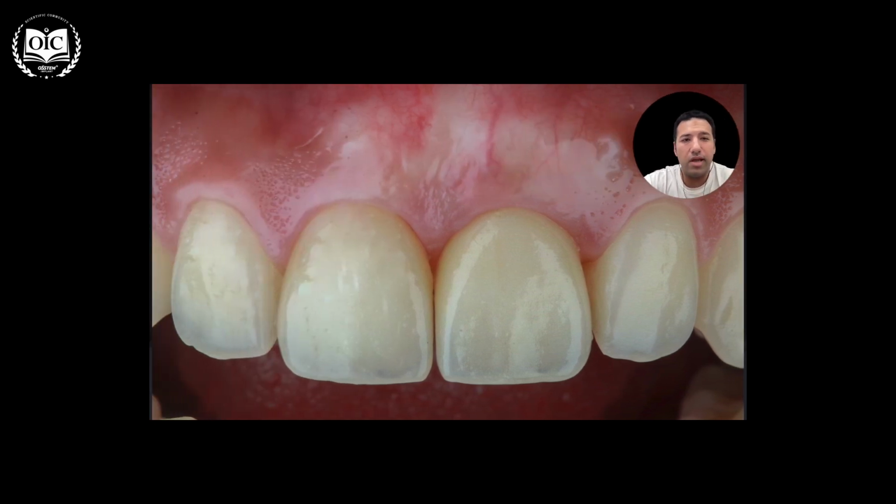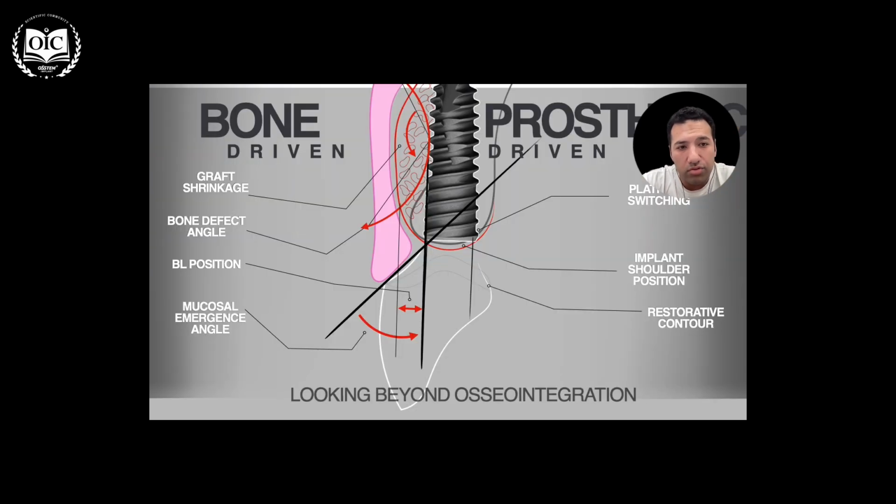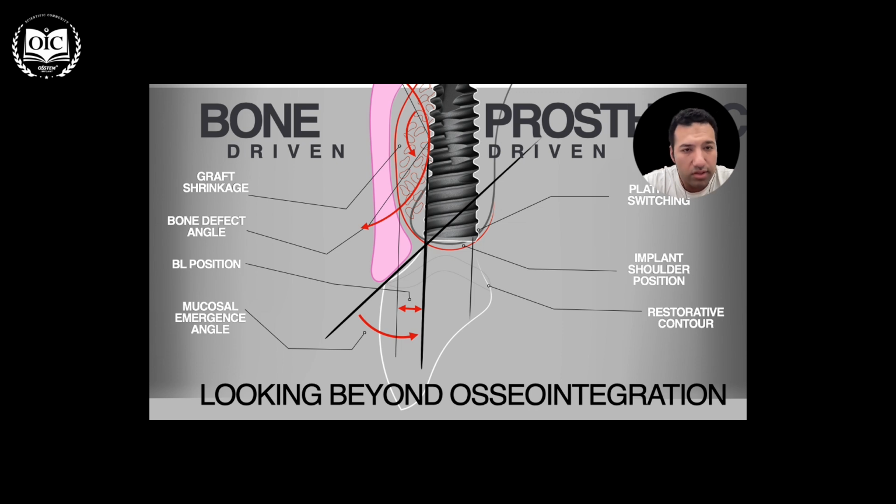And this is actually a new term that I heard from one of my mentors, and it drove me to think about the supracrestal complex in a much more detailed approach, looking beyond whether the implant is osseointegrated or not and is prosthetically driven or not.